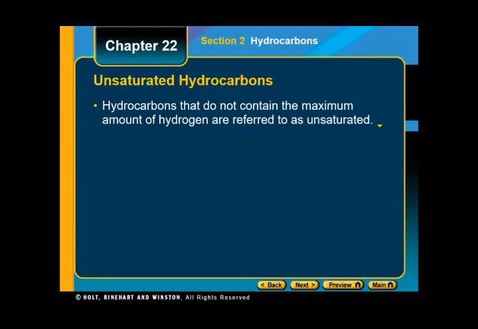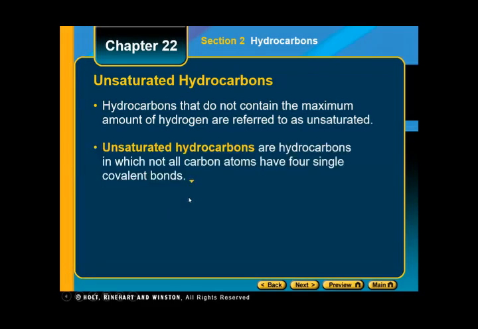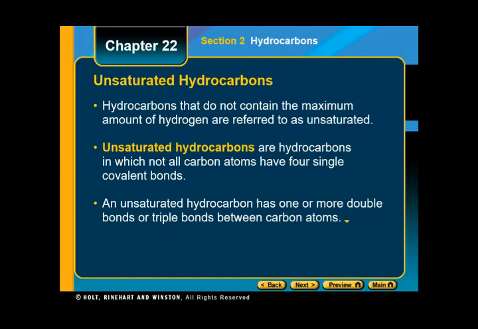We said that alkanes are saturated, and each carbon atom contains four single covalent bonds, while the unsaturated hydrocarbons, the first example of which is alkenes, are unsaturated because they contain a double covalent bond, maybe one double covalent bond or more than one, and this is the meaning of alkenes.